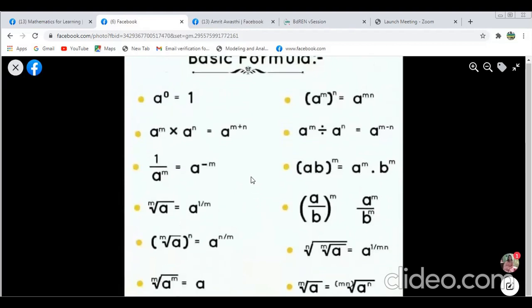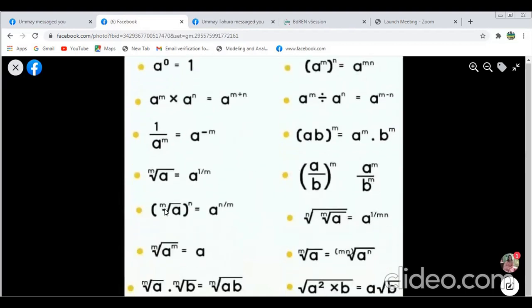Same rule, basic formula. You have to understand this formula. The mth root over a can be written as a to the power 1 by m, and powers will be multiplied. Remember it.